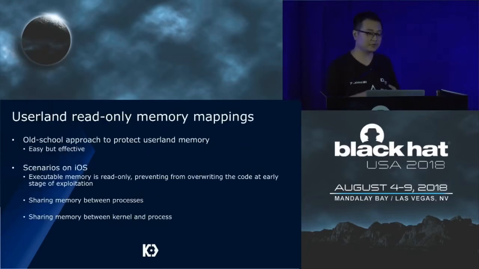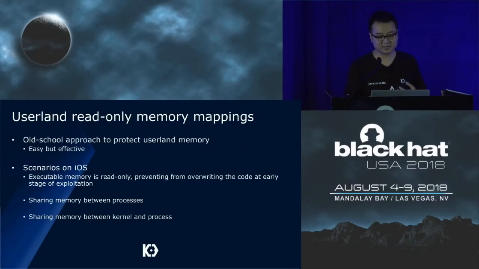So among those memory protection mechanisms, userland read-only mapping is a very old school approach to protect userland memory. It is very easily implemented, but very effective. There are three major scenarios of using such read-only userland memory mappings.